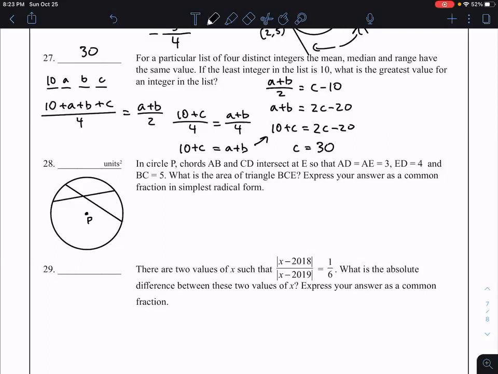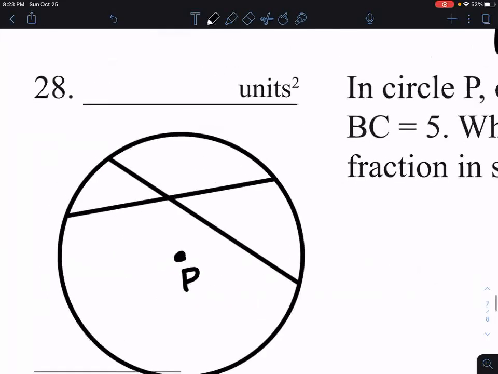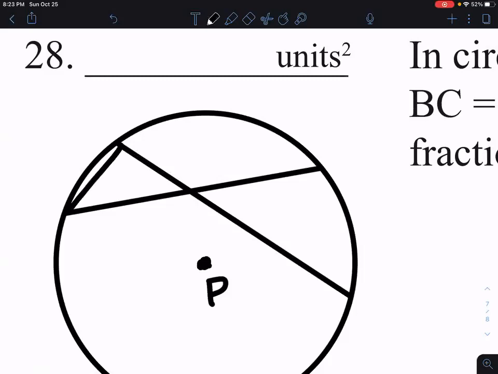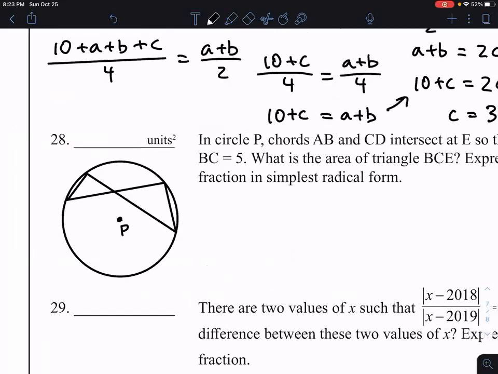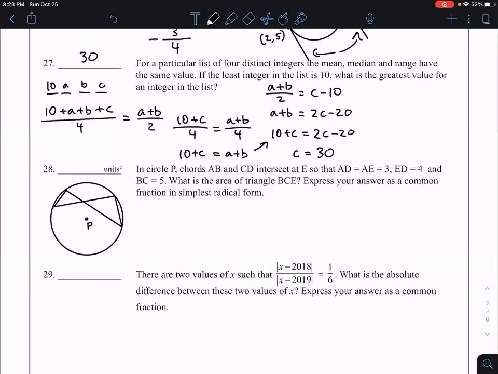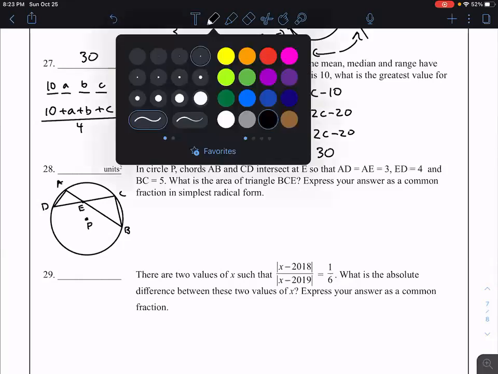Close enough. And then we're gonna just connect this. Okay. So we have chords AB and DC. So we know that AD is equal to AE. Oh, this is E. AD is equal to AE is equal to 3, ED is 4, and BC is 5.